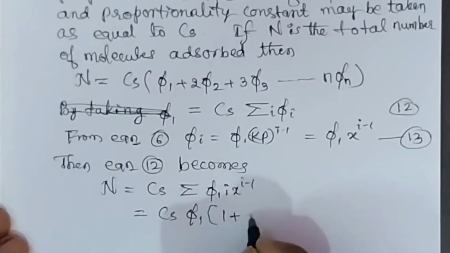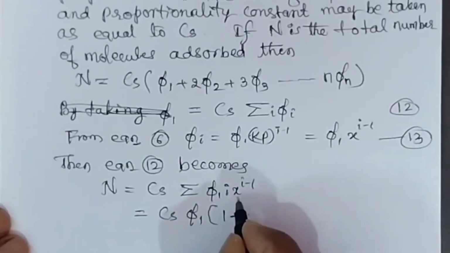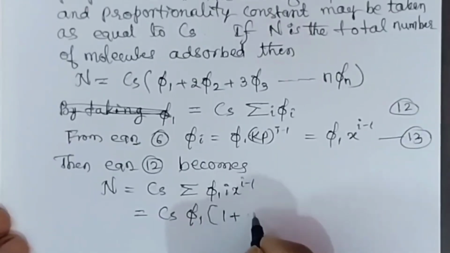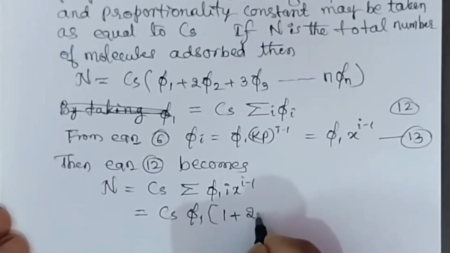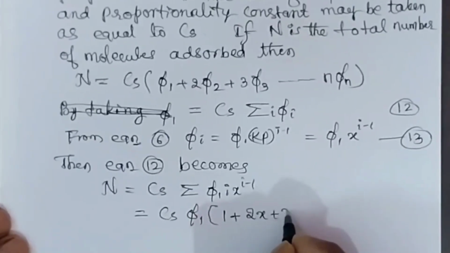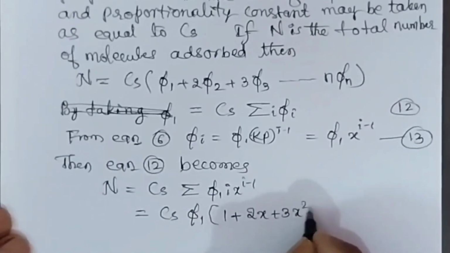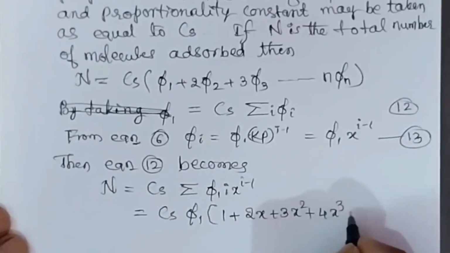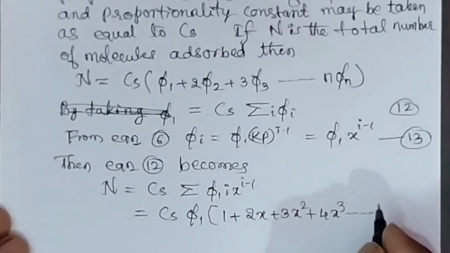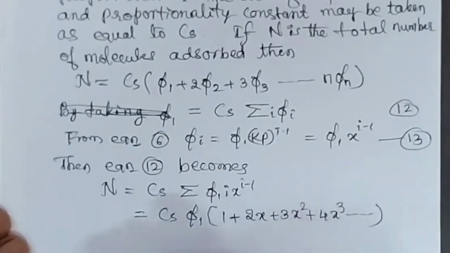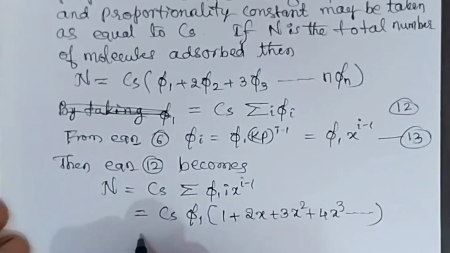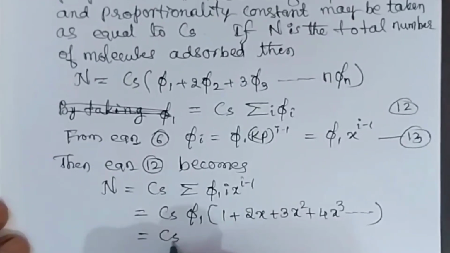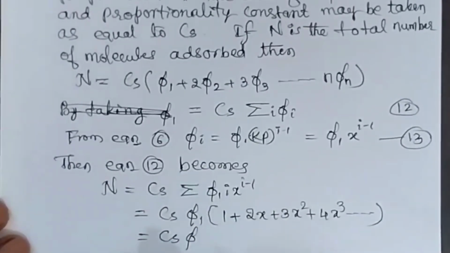Then when I equal to 2, that becomes 2x, 3x square, 4x cube, and so on and so on. Then we may write this is equal to Cs into pi 1.